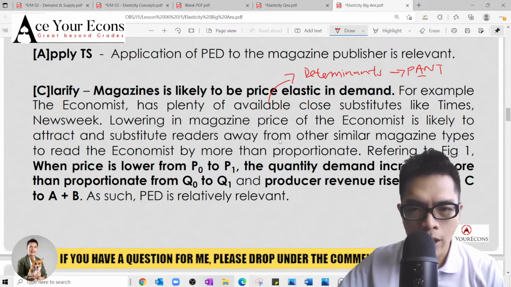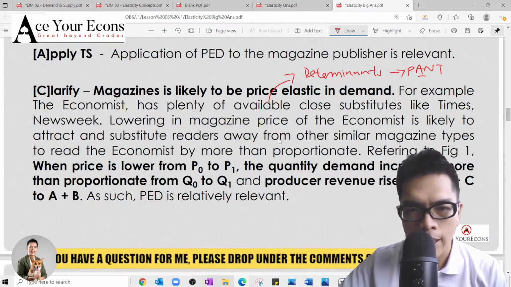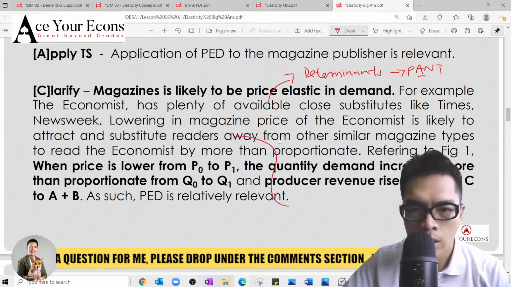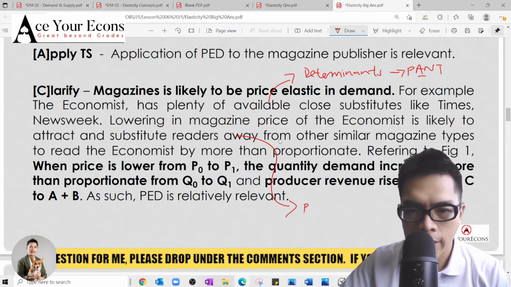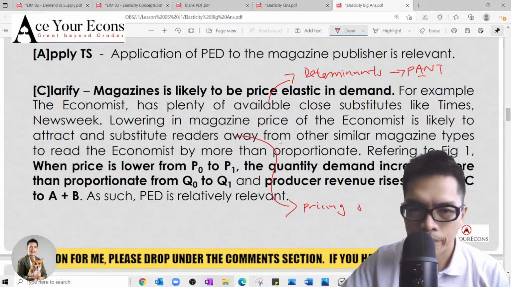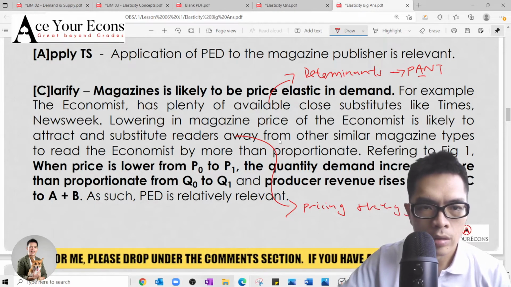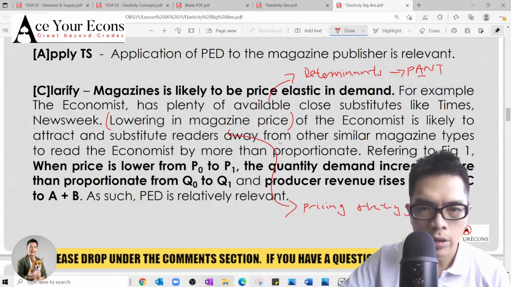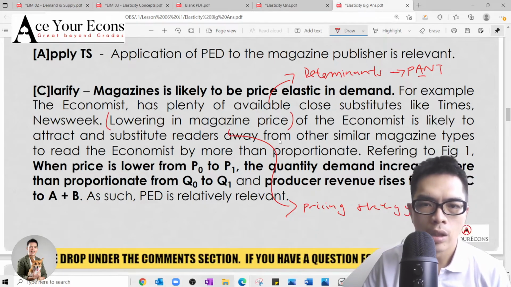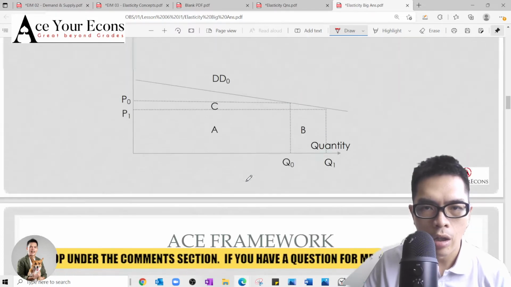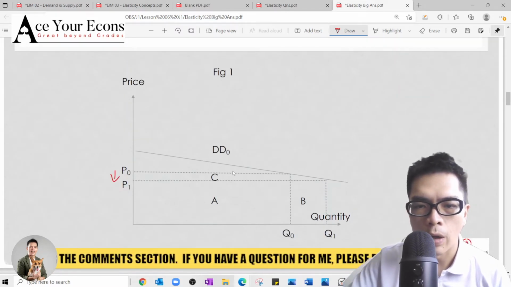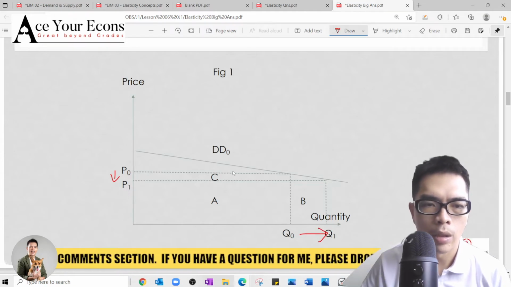So the second concept tested here, on top of the determinants of PED, is pricing strategy. You want to lower price. This is a very key term that you want to illustrate. When you reduce price from P0 to P1, your quantity demanded will increase more than proportionately.